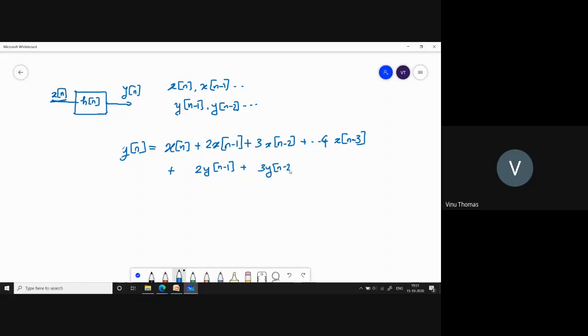So the present output depends on the present input, the past inputs up to the input sample x of n minus 3, and the past two output samples, that is y of n minus 1 and y of n minus 2.